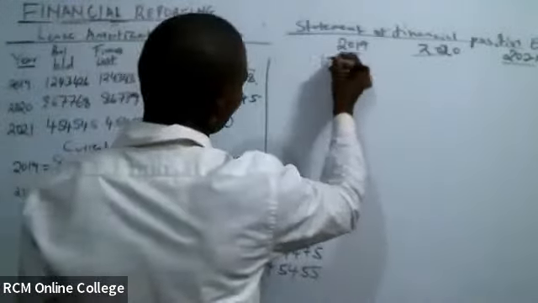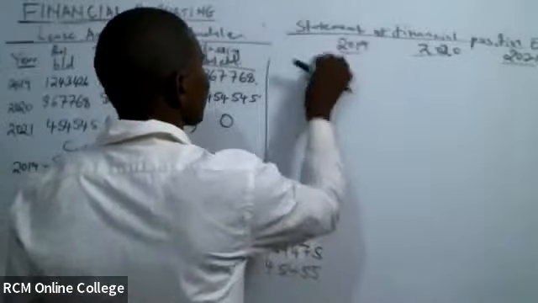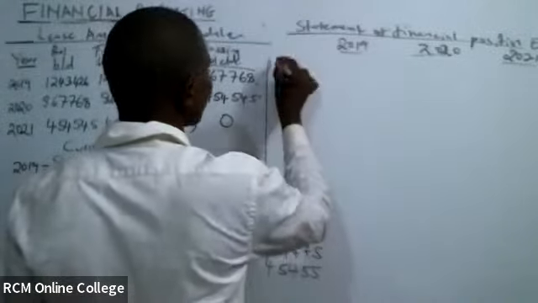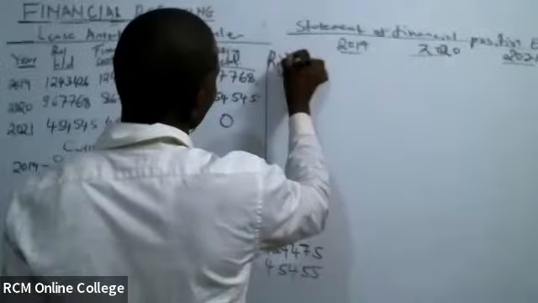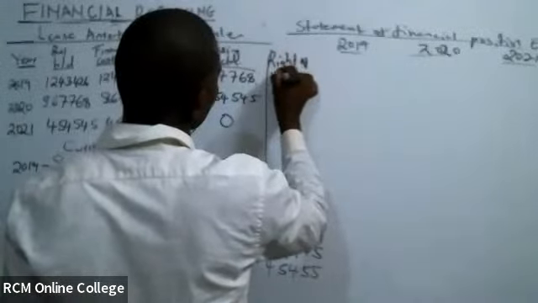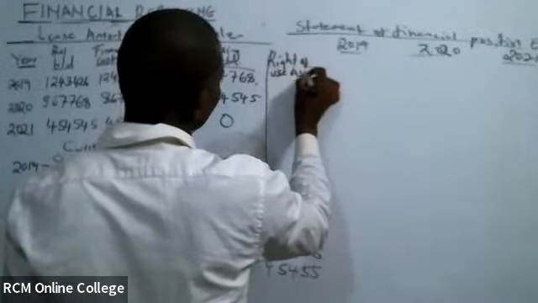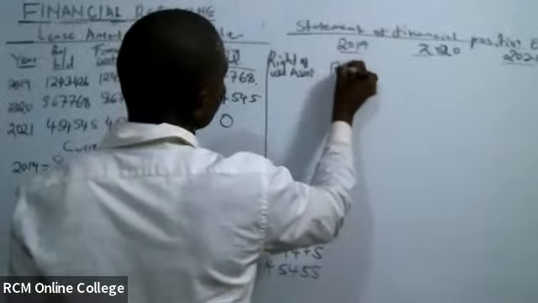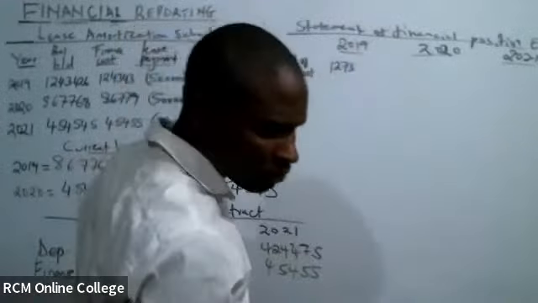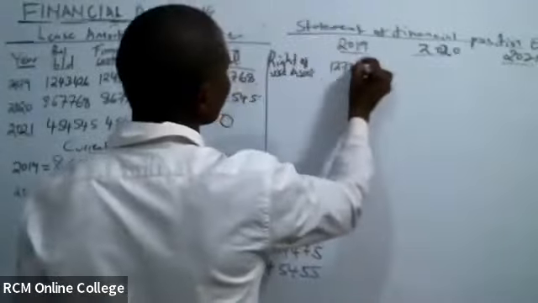1,273,425. So right of use asset hapa, hiyo ndio item yetu ya kwanza. Right of use asset, 1,273,425.